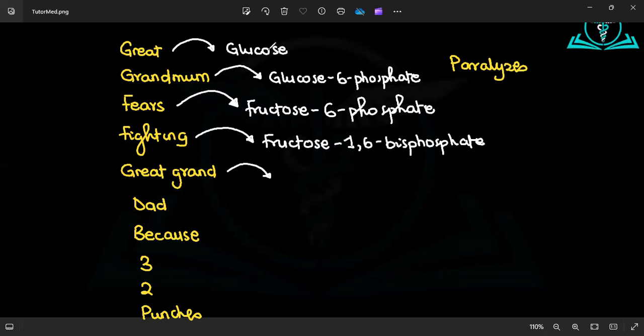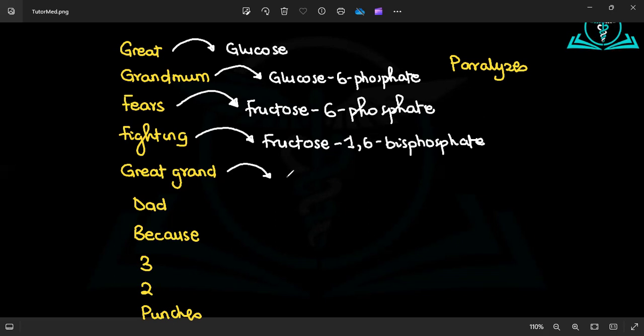Remember, how many carbons does glucose have? Six. And so has fructose. So if you divide it into two halves, each half will have 3 carbons plus a phosphate each.